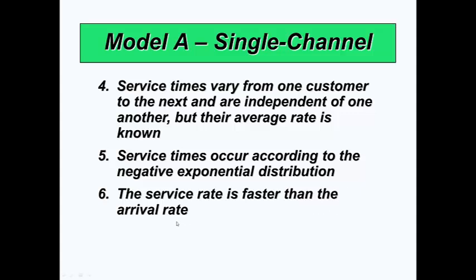And the arrival rate, meaning 20 per hour, does not mean that your arrivals will be 1 every 3 minutes. Sometimes you may get 3 or 4 during a 2-minute period, which will build the waiting line. But on average, you have to have the service rate faster than the arrival rate. Otherwise, you will never clear the waiting line.